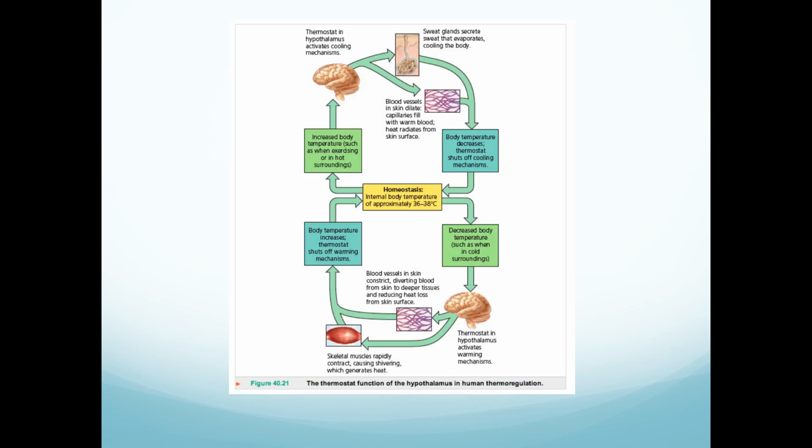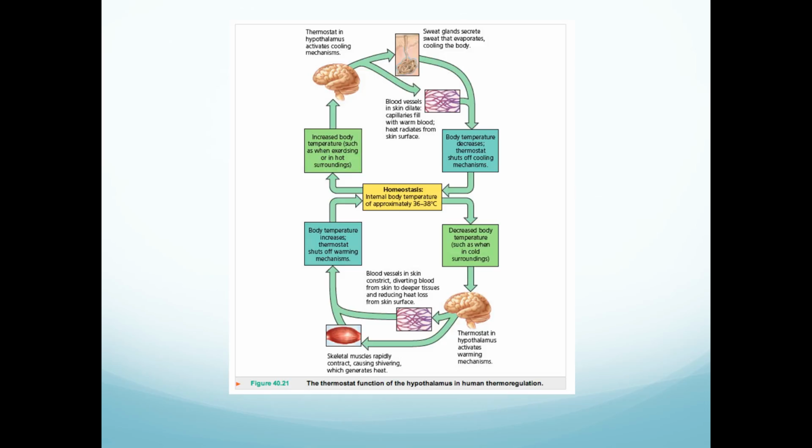The thermostat in your hypothalamus activates the cooling mechanisms, so that causes sweat and blood vessels to dilate, so heat can be dissipated from the skin surface. As a result of that, if you follow around to about 3 o'clock on the right side, your body temperature decreases, the thermostat shuts off the cooling mechanisms, and you're back to where you started.